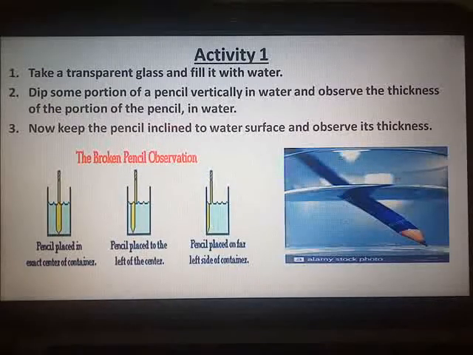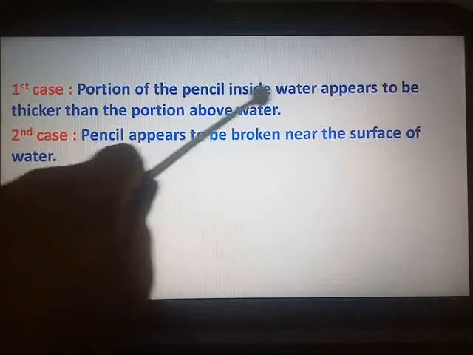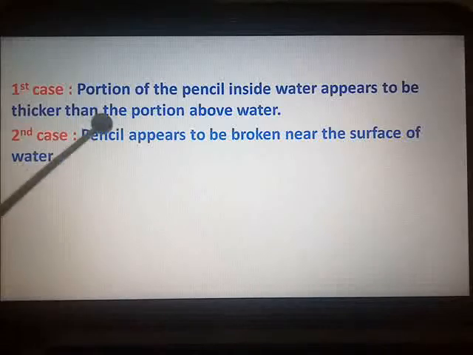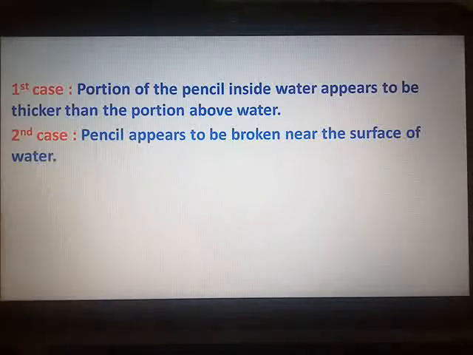So from this activity, what can you infer? In the first case, the portion of the pencil inside the water appears to be thicker than the portion of the pencil above the water. In the second case, the pencil appears to be broken near the surface of water. The observed effect is created due to the change in direction of light while coming out of water.